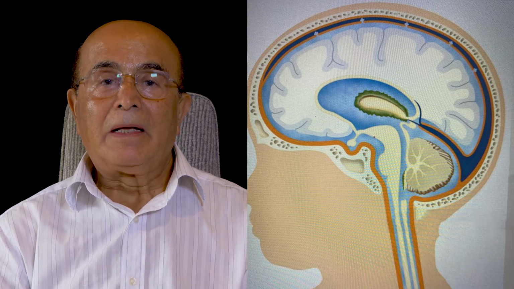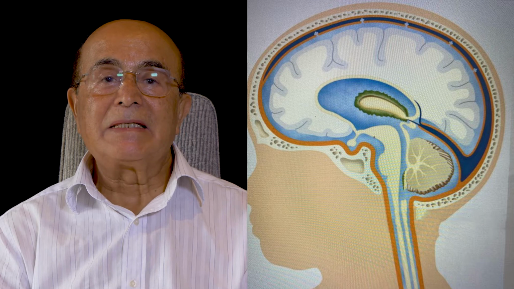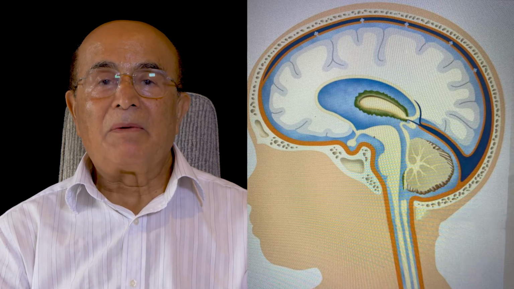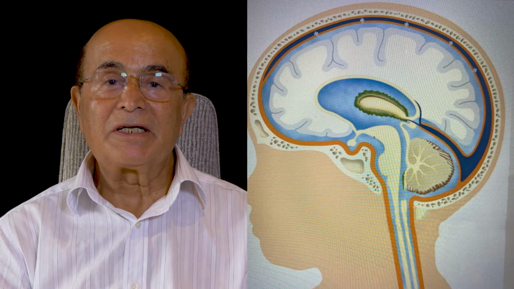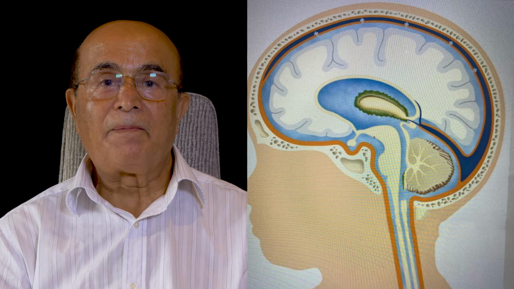brain. The cerebrospinal fluid, or CSF, is formed in the ventricles of the brain, mainly the lateral ventricles and fourth ventricle.